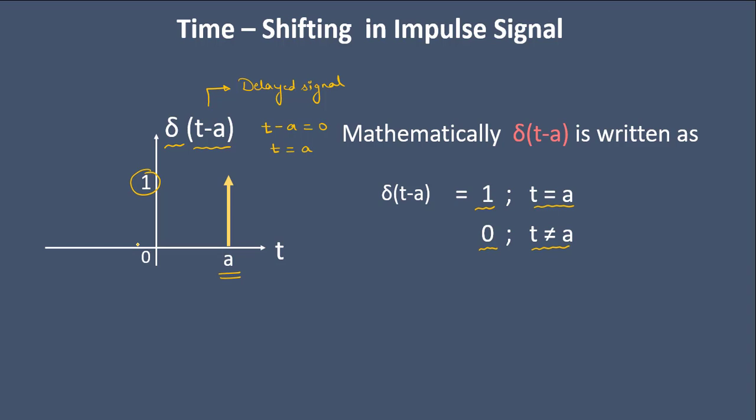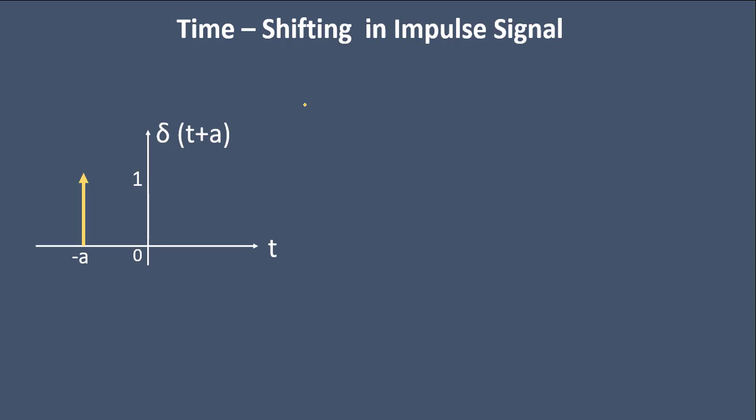Earlier, the impulse was at t equals 0. Now, the impulse is at t equals a, hence it is a delayed signal. Similarly, we can have the left shifted signal as del of t plus a. If you put t plus a equal to 0, you will get t equals minus a.